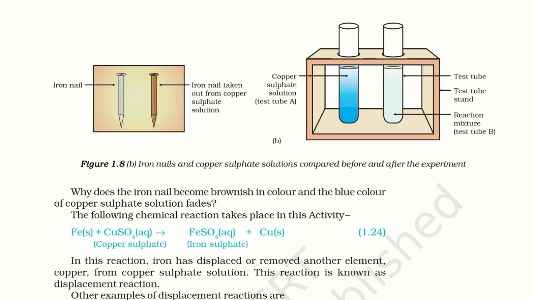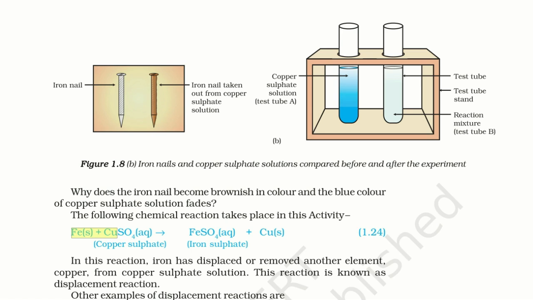Here you can see iron, when it reacts with copper sulfate solution, becomes iron sulfate, and the ions of copper are released. So here there were two metals, iron and copper.